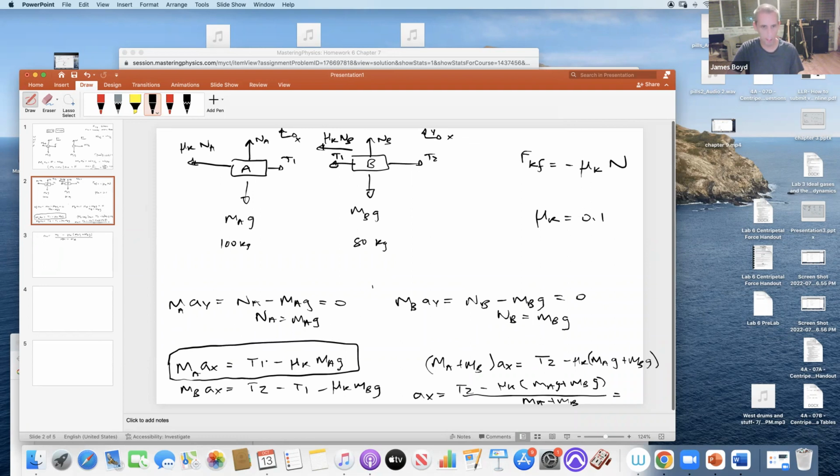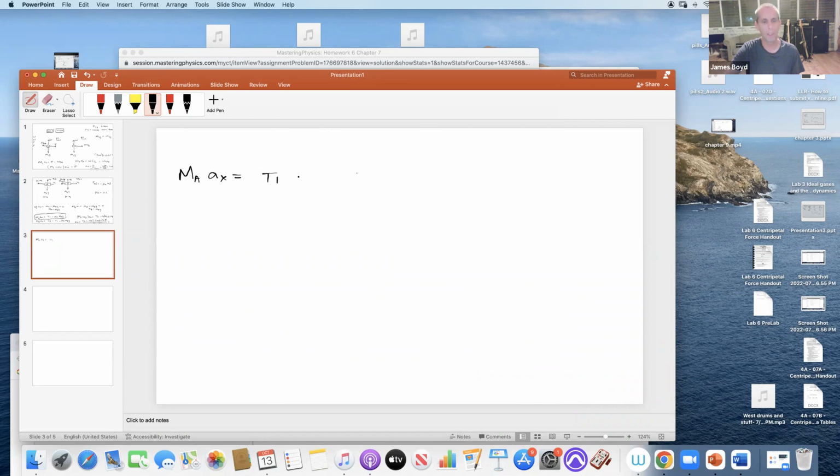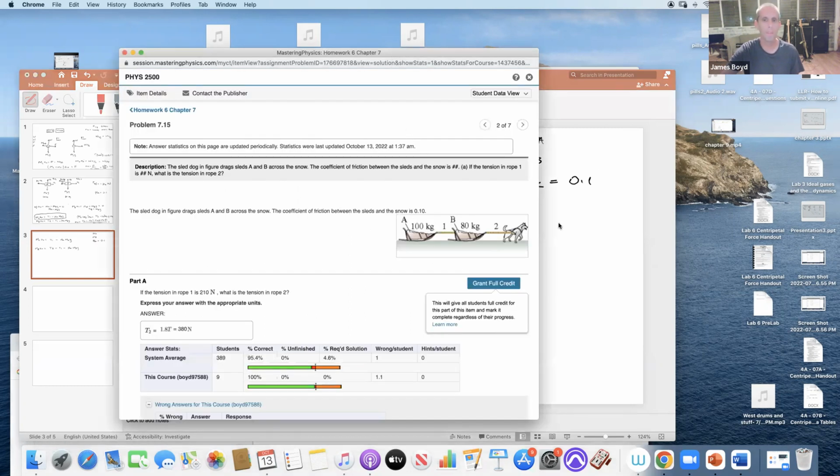So let's use this to find T1 and then we'll plug it in there. Sorry, you guys, being dumb. So looking at our equations again, please. M A A X was T1 minus mu K M A G. And M B A X was T2 minus T1 minus mu K M B G. M A and M B, and mu K was 0.1.